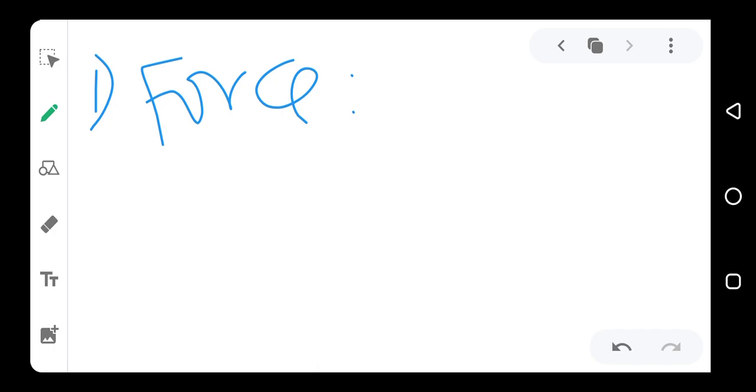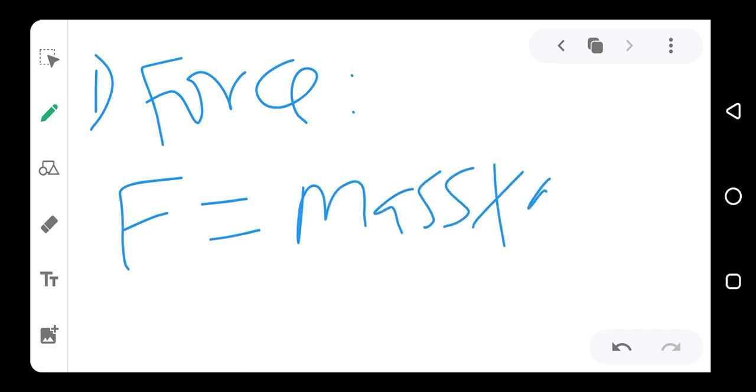We know that force is defined as the product of mass and acceleration. That means that F, force, is equal to mass times acceleration.